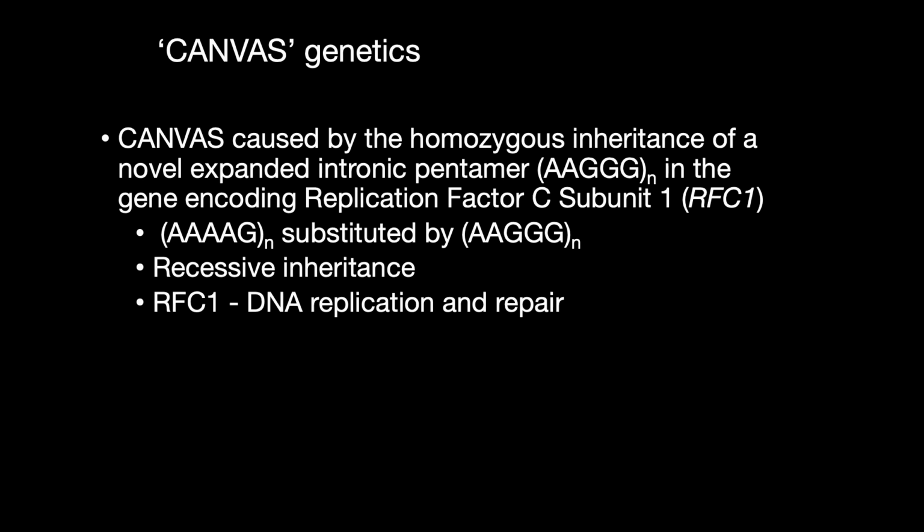The discovery of a pentamer rather than a triplet repeat, which is responsible for many other inherited neurological conditions, adds an extra layer of complexity in that there are multiple variations of A's and G's, and the pathology associated with these various combinations is still being elucidated.